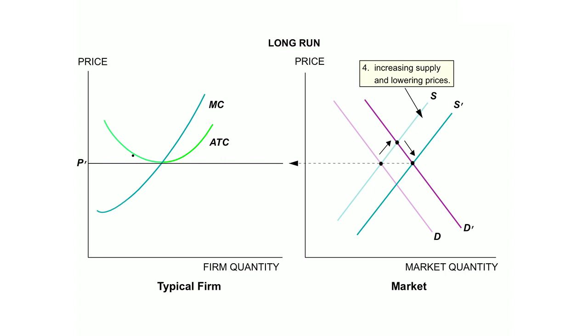How far will it shift out to the right? Well, if we want to get to a new long-run equilibrium, it's got to shift out to the right to the point where the price is equal to the old price, because that's the only place where the average total cost curve will be at a bottom point and where prices therefore equal average total costs, and profits will again be zero.